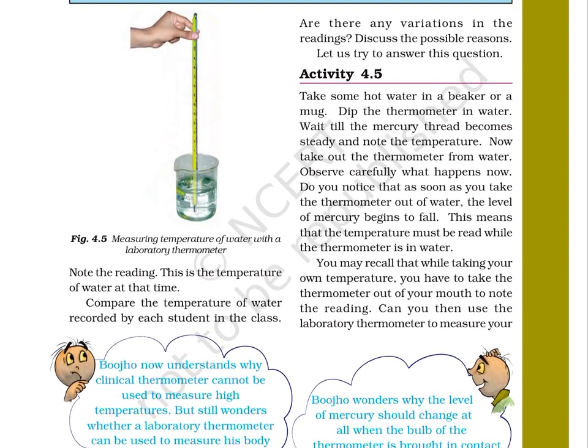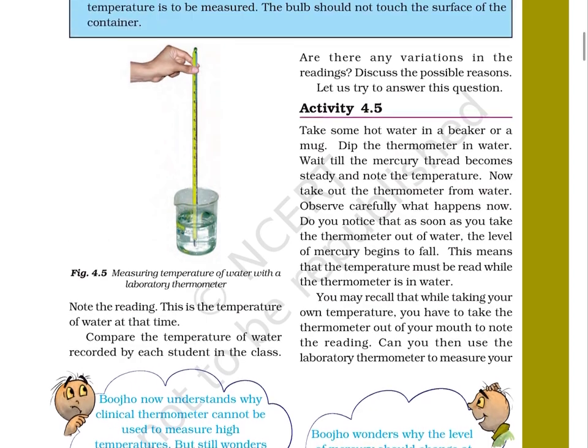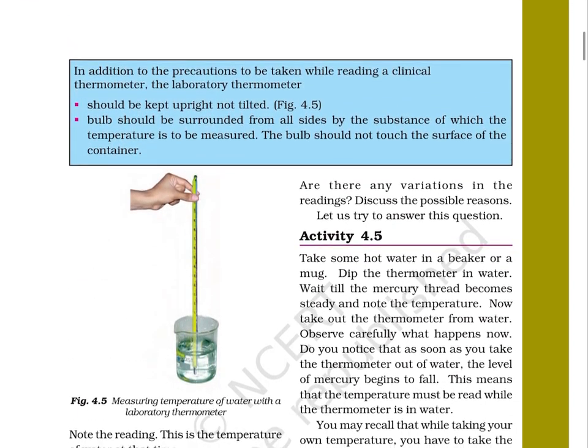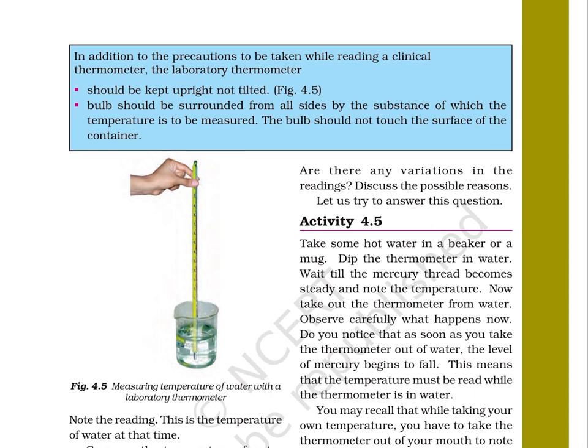In addition to precautions to be taken while reading a clinical thermometer, for the laboratory thermometer: 1. It should be kept upright, not tilted, as you can observe in figure 4.5. 2. The bulb should be surrounded from all sides by the substance of which the temperature is to be measured.